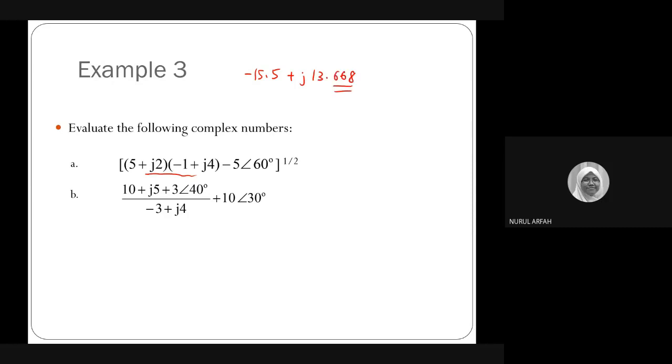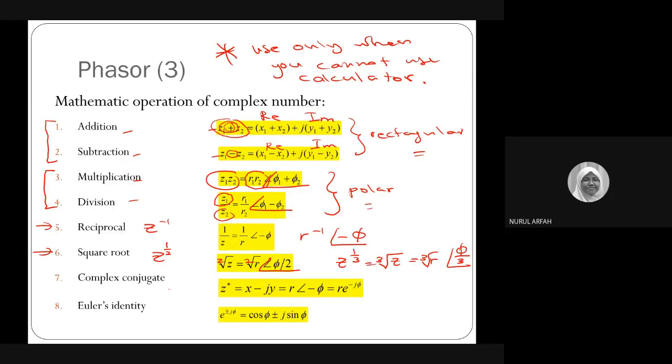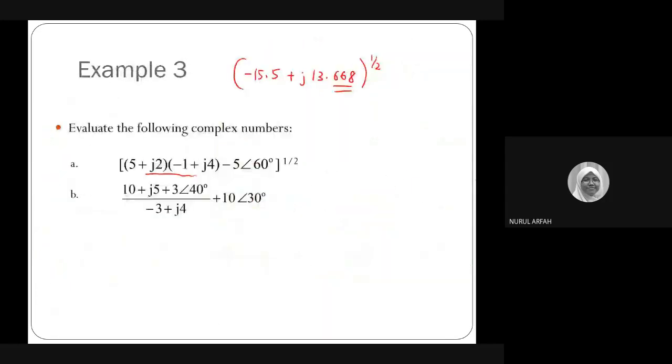By the way, please keep at least 3 figures. And then you have that square root, coming from this one. So you can use the square root of 2, with some bracket here, with the phase divided by 2. What we mean here is you need to convert rectangular form into polar form. So what do you get for this part?